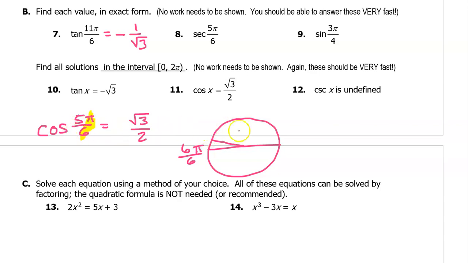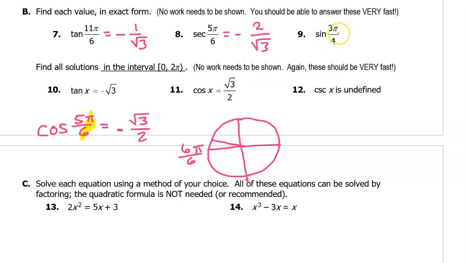Cosine is an x value on the unit circle, so in the second quadrant over here, cosine will be negative. We have negative x values. So this will be negative radical 3 over 2. So the secant will just be the reciprocal of this, so this will be negative 2 over radical 3.